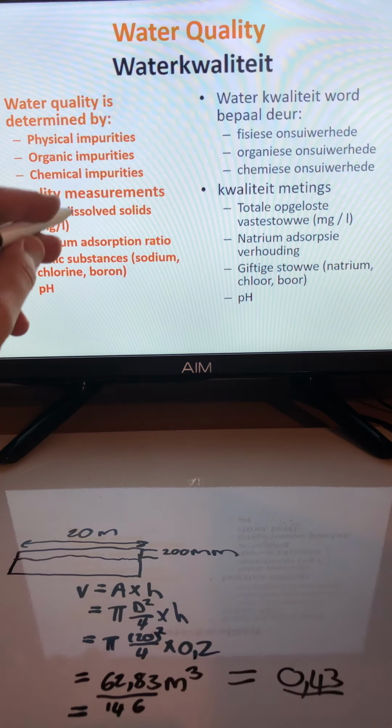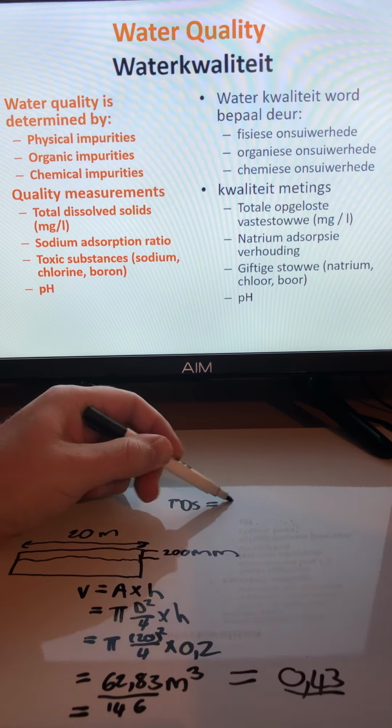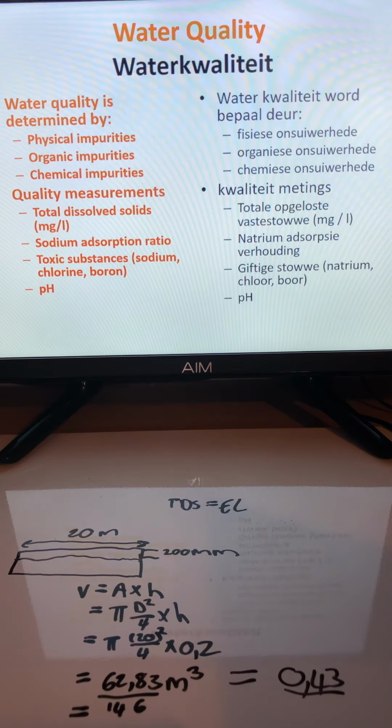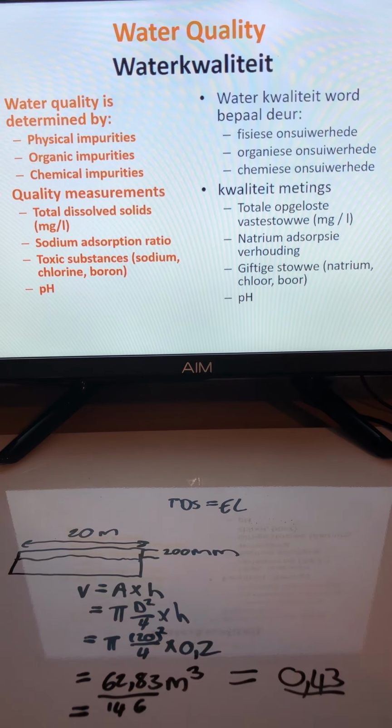So total dissolved solids, that TDS, is related to the EC, the electrical conductivity of the soil. Then we're looking at sodium absorption ratio, so that's the amount of sodium, calcium and magnesium elements available in the soil water. Your toxic substances, that is sodium, chlorine and boron.